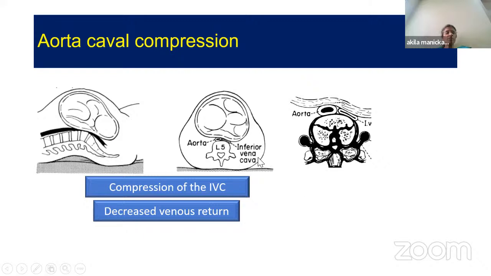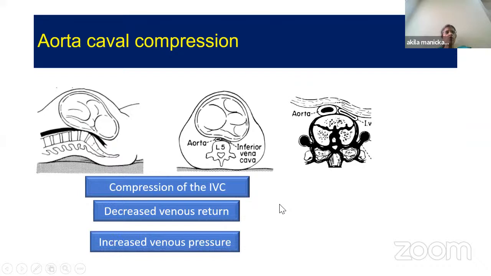So whenever there is a compression of your IVC, there is a decreased venous return. Whenever there is a decreased venous return, the preload to the heart gets decreased and your cardiac output ultimately comes down. In addition to this, your placental perfusion, as I already told you, depends upon your arteriovenous pressure difference. So when there is a decreased venous return, venous pressure gets built up.